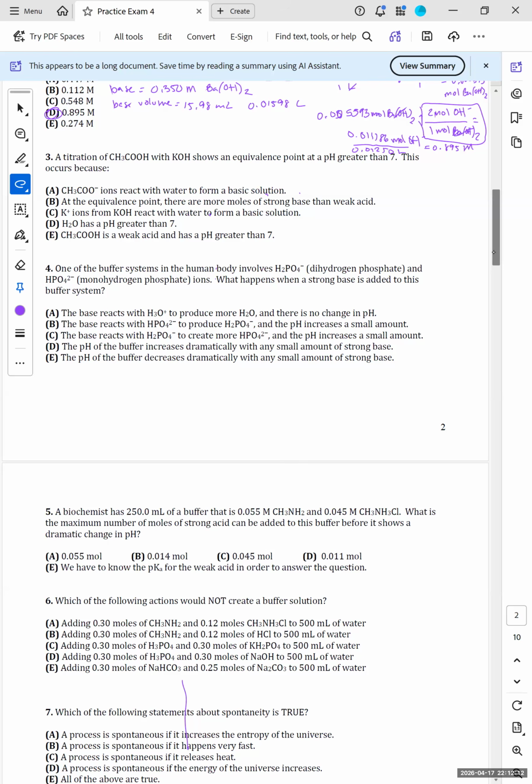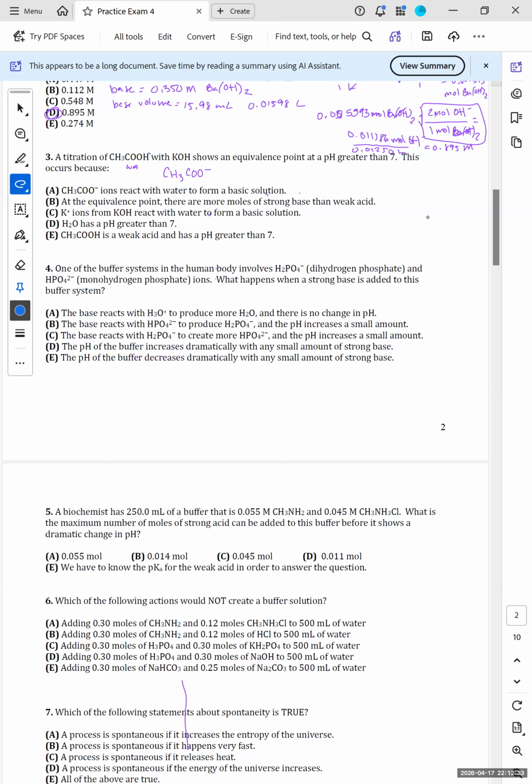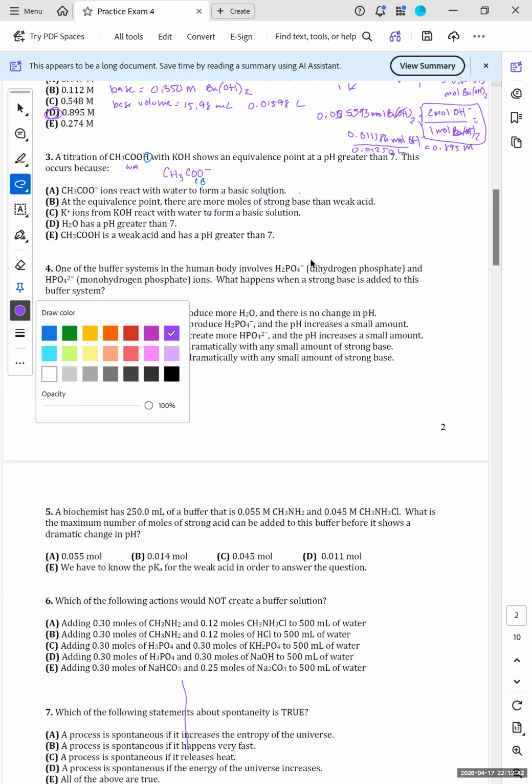It's a weak acid, and we know that it would have a conjugate base of CH3COO minus, right? Because this hydrogen leaves, and then it creates a negative charge. So this is its conjugate base. Let's go through this.